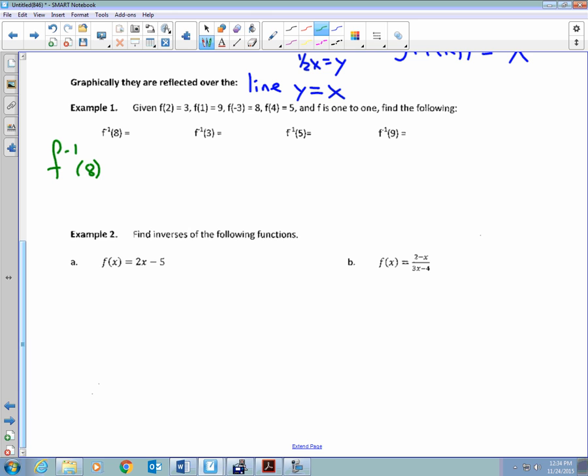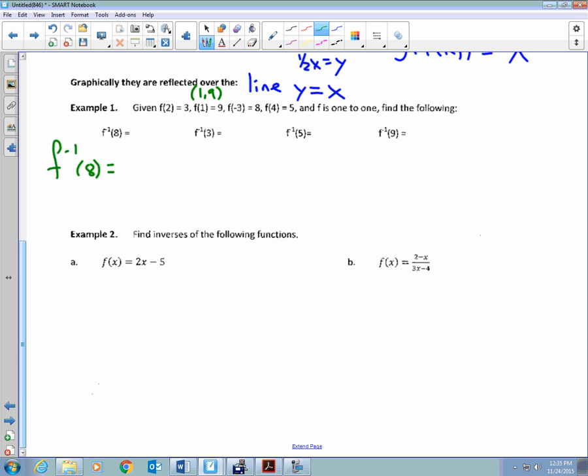Before we do f inverse of 8, let's try this. What's f of 1? 9. That means if I give you an input of 1, the output is 9. So you have this coordinate 1, 9, right? Well, we're switching that up.